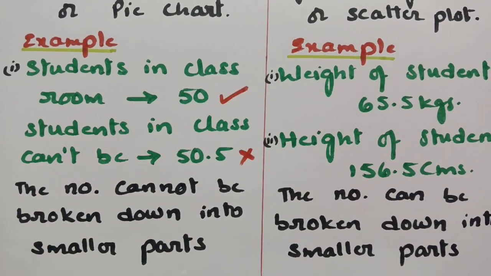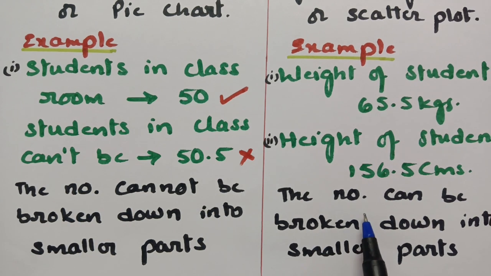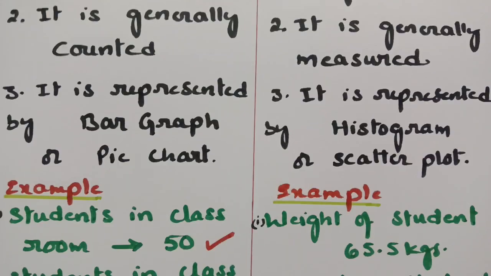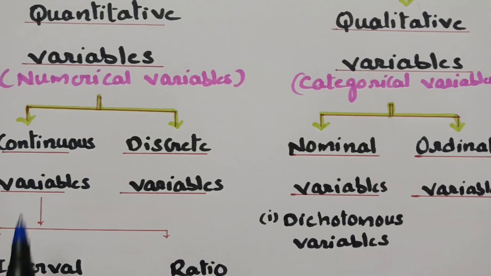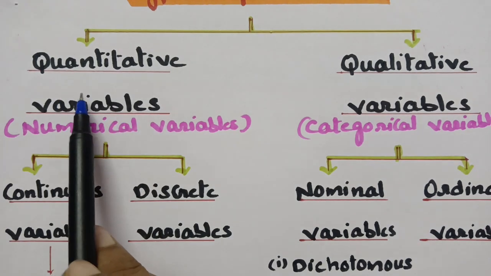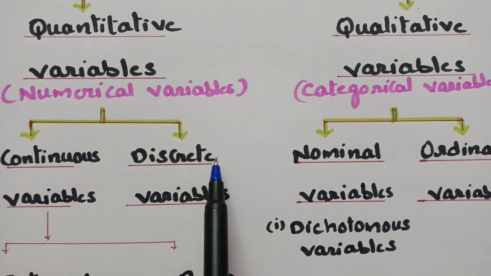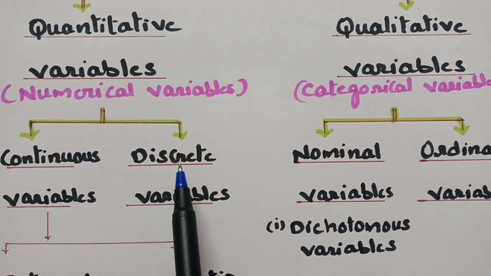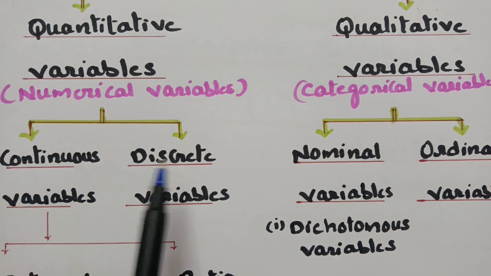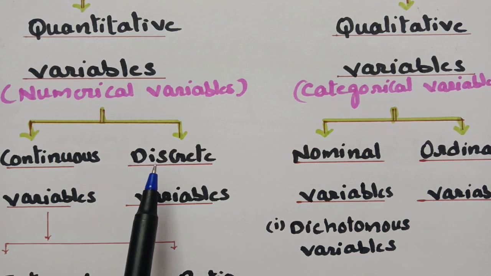It is very clear. In discrete variables, the numbers cannot be broken into smaller parts, whereas for continuous variables, the number can be broken into smaller parts. See here, you got clarity on this. Depending upon the numerals, the quantitative variable is classified as continuous and discrete. Discrete has a fixed finite value from a specific range, and continuous can take any value from the specified range. These two you got an idea, I have shown you.